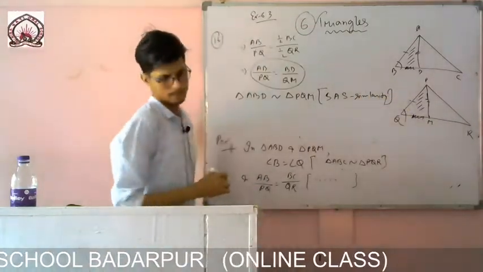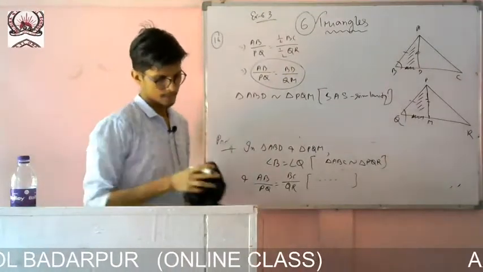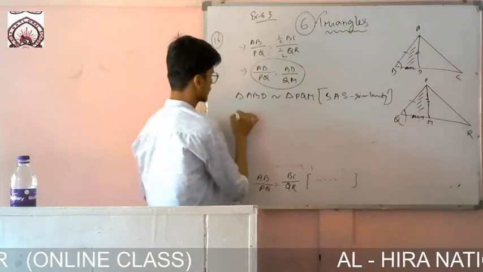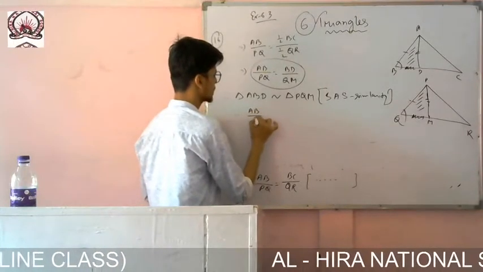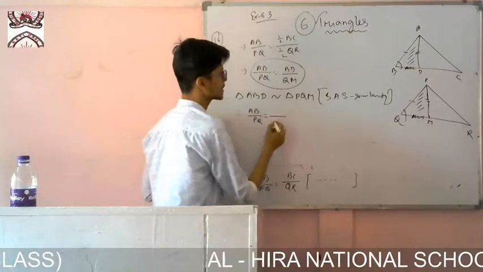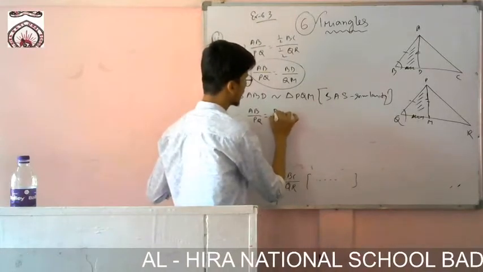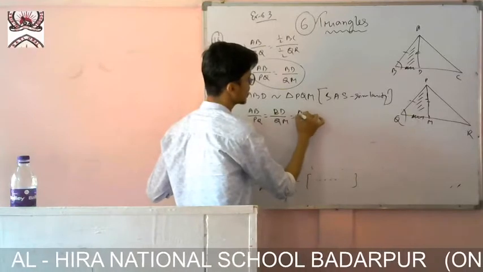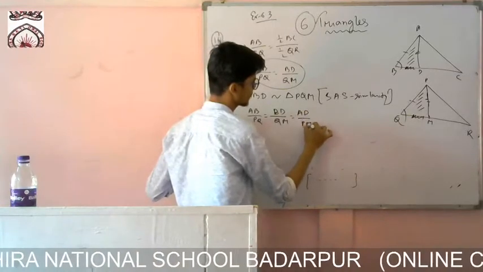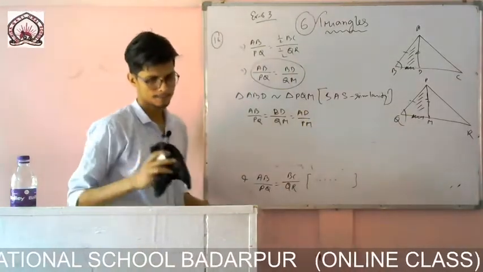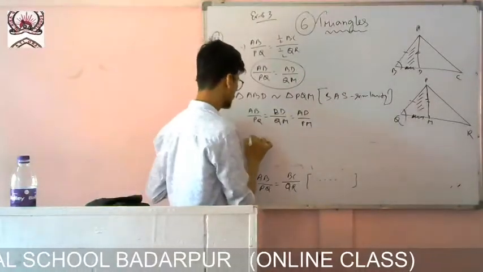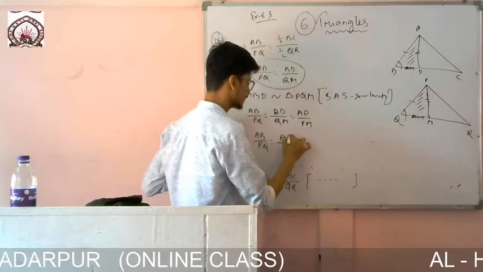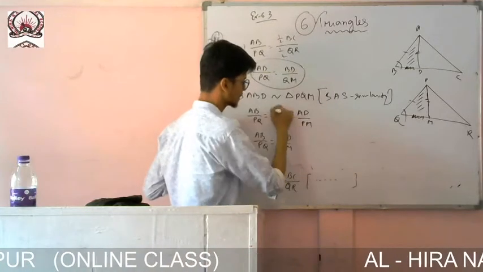Okay. So now you see, since these two triangles are similar, I can write like this. Therefore, AB by PQ equals the ratio of all the sides: BD by QM equals AD by PM. From there I need to prove only that AB by PQ is equal to AD by PM, so I am neglecting this one.